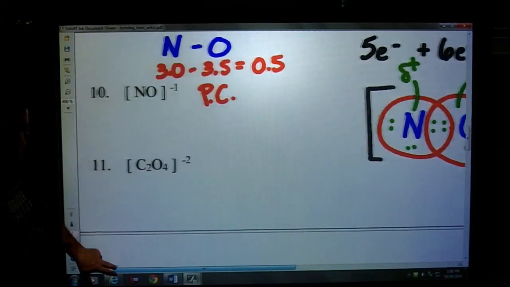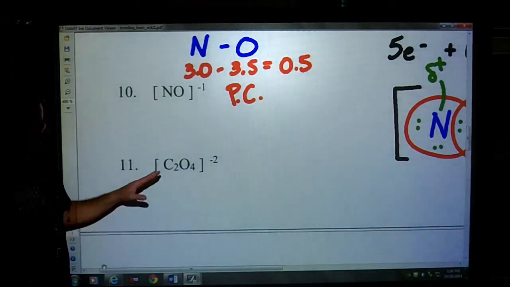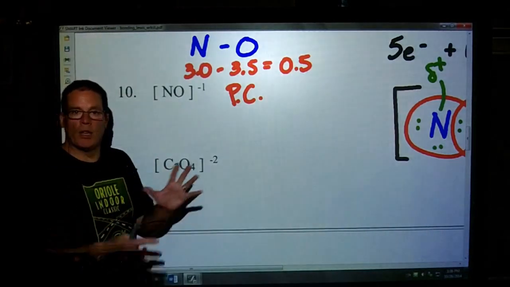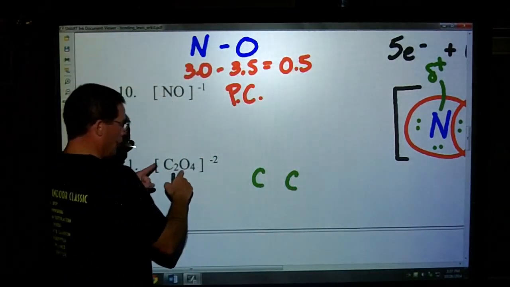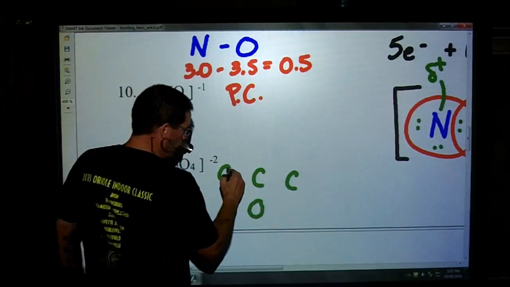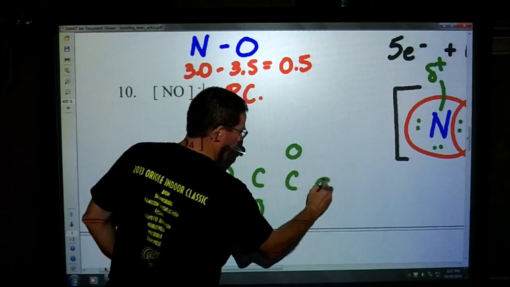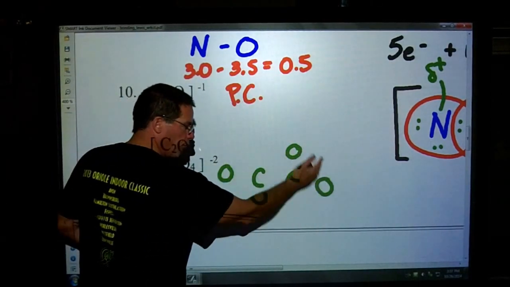Okay, isn't that fun? On number 11, when you're drawing this out, make sure that you evenly distribute the carbons. So if you had 2 carbons, put the carbons in the middle, put an oxygen there, oxygen here, and an oxygen here. And then satisfy the external atoms first.